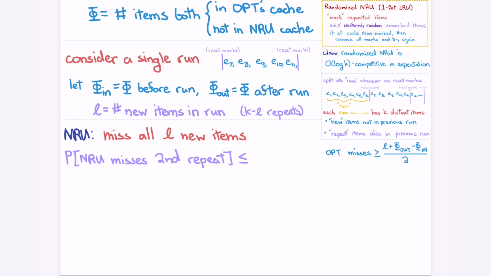So the first repeat item was L over K because there's L requests previously. Now the second repeat item. First repeat item was L over K because you kicked out L before. Now this is just the next one.